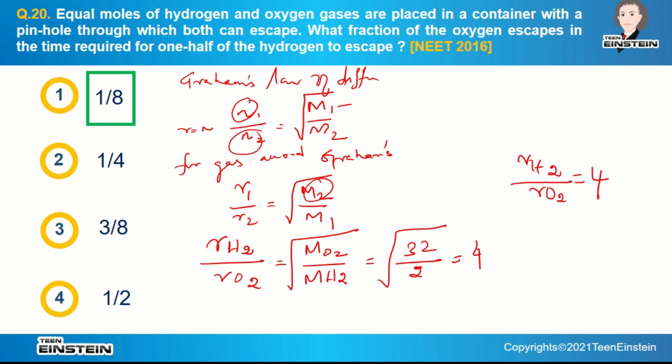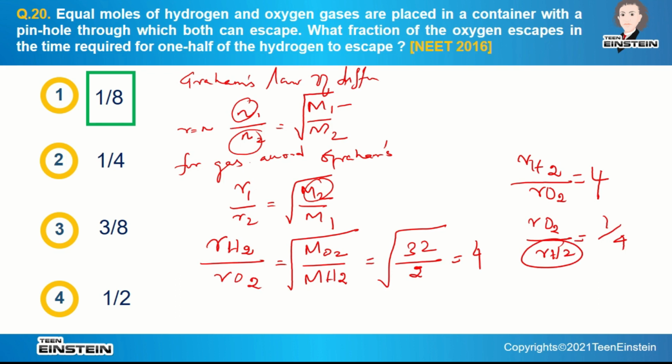So we need the fraction of oxygen that escapes in the time required for 1/2 of the hydrogen to escape. So we write this as r of O2 divided by r of H2, which is equal to 1 by 4. We know here 1/2 of the hydrogen will have escaped.